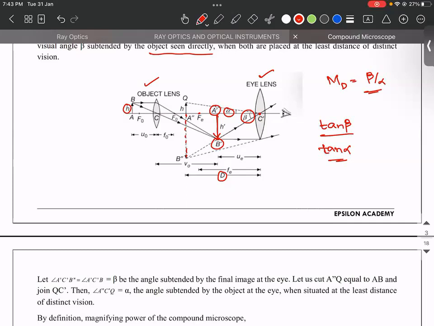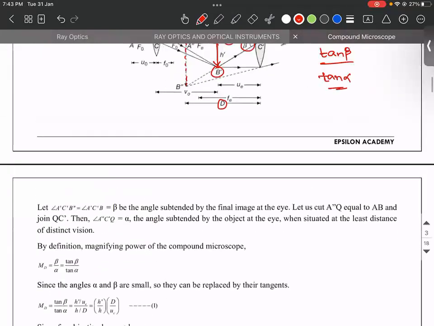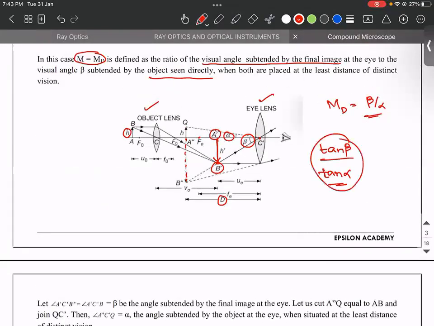Now our job is to find the value of the magnification. It is tan beta by tan alpha.